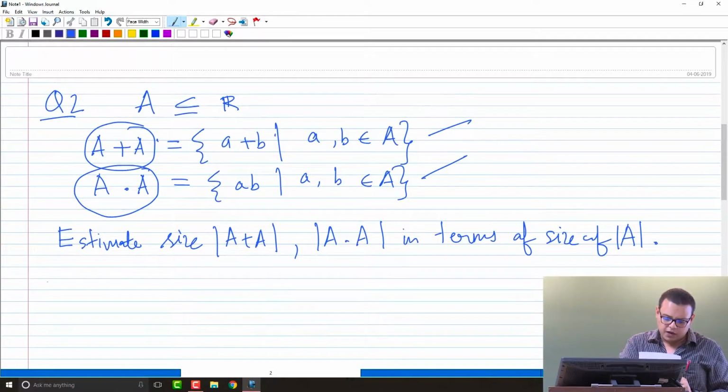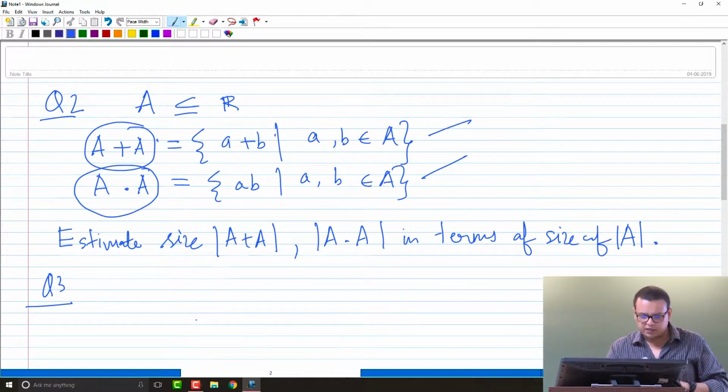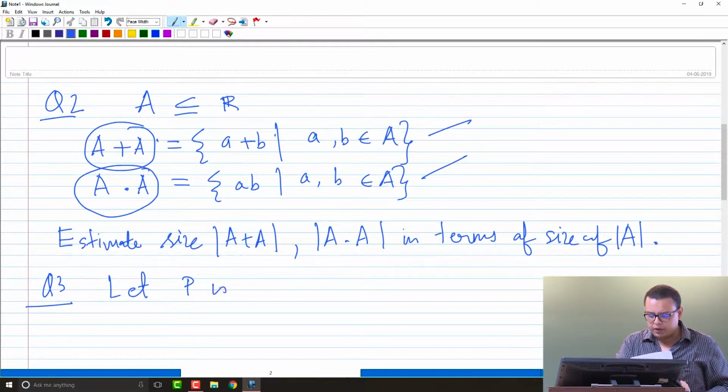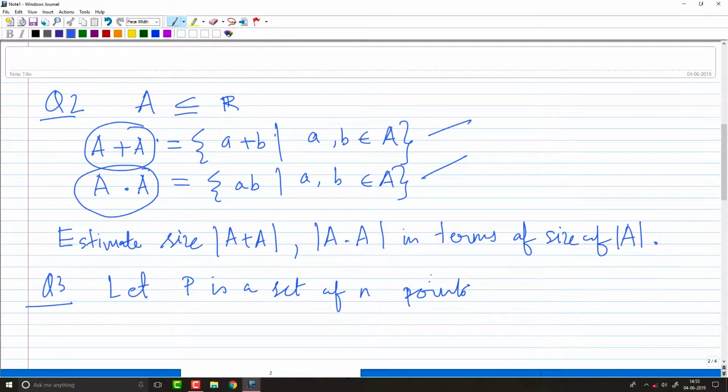Similarly, there is another question, which is a question in discrete geometry. Let P be a set of n points in R2.